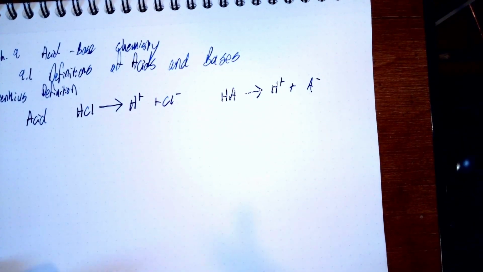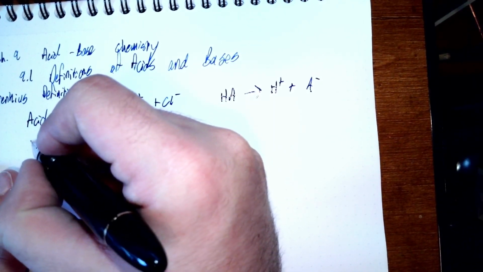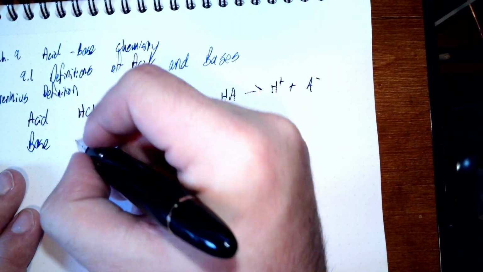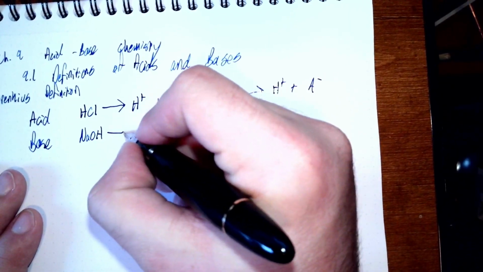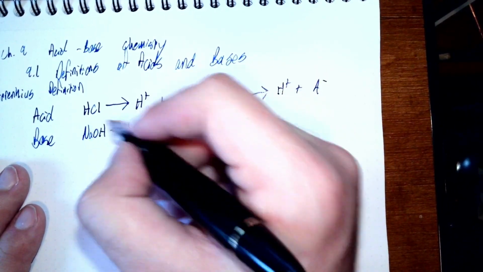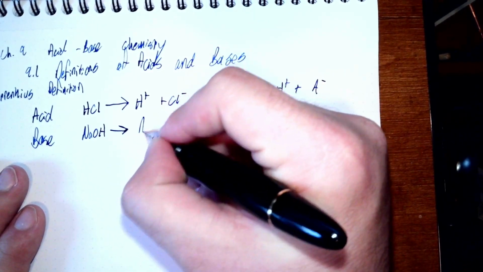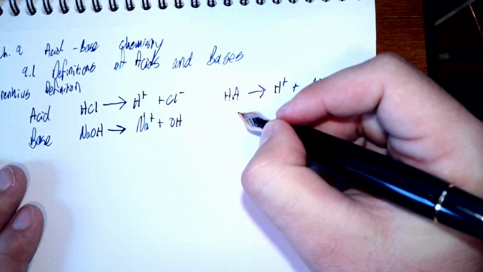Alright, that's an acid. Then also, by the Arrhenius definition, a base is, so I'm going to use sodium hydroxide as an example. That's our stereotypical Arrhenius base, but really it can be anything. Key with an Arrhenius base is this OH, or this hydroxide ion, because this is going to break apart and give us Na plus and OH minus.